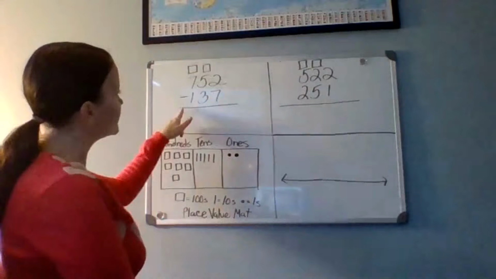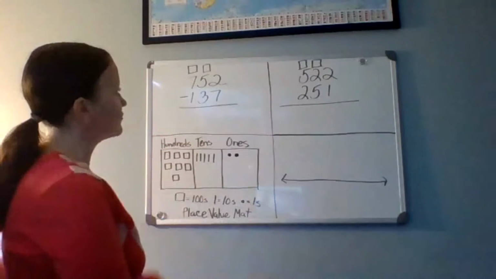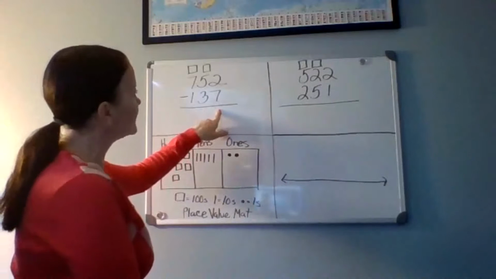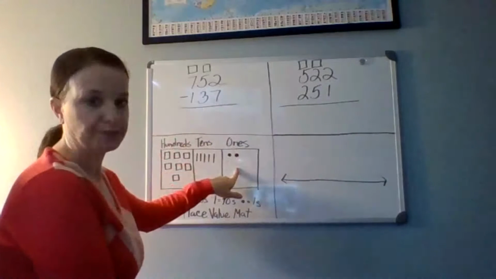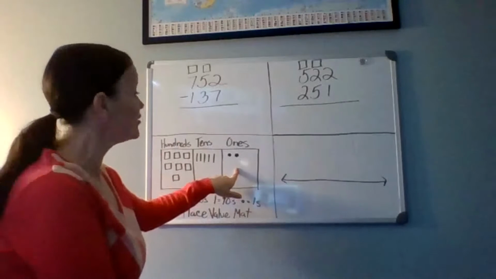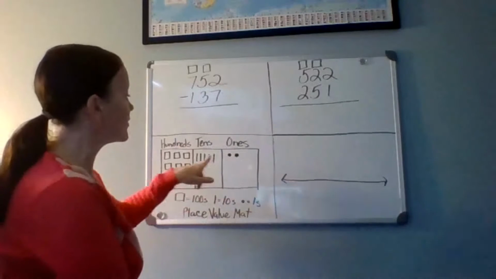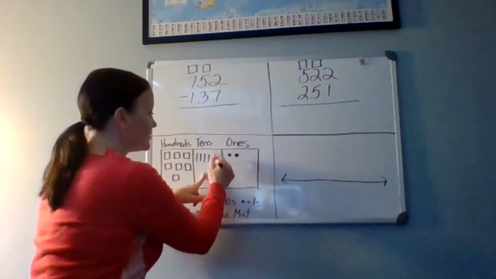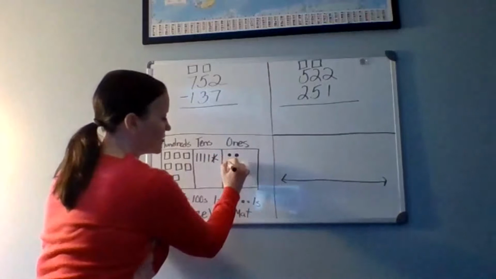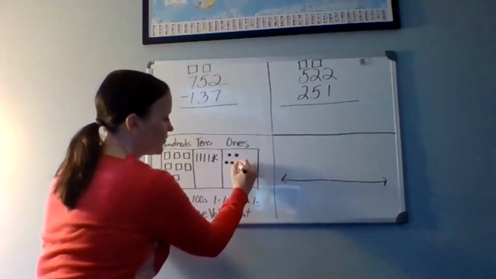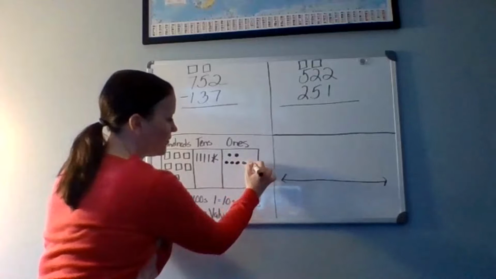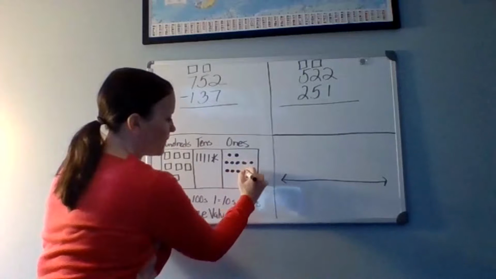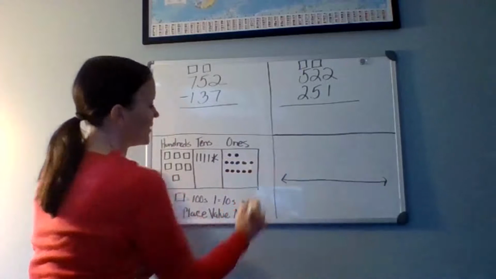Okay, so now we have to subtract 137 from 752. Now, I'm going to start in that ones column, and I need to take 7 away from 2. I don't have enough, though, so I need to regroup. So I'm going to go see my friend in the tens column, take out one of these guys, and I'm going to draw 10 ones. 1, 2, 3, 4, 5, 6, 7, 8, 9, 10.